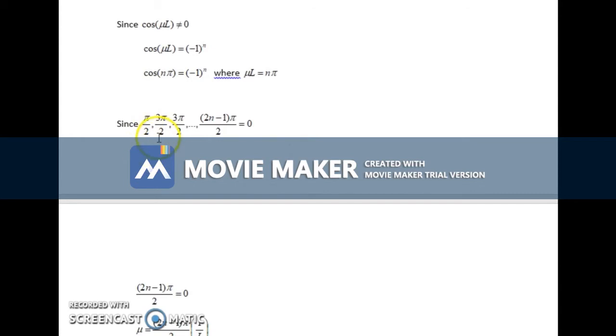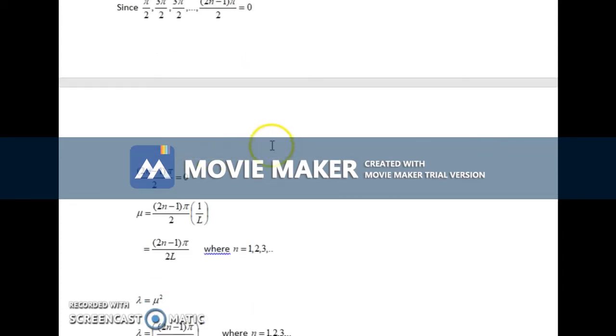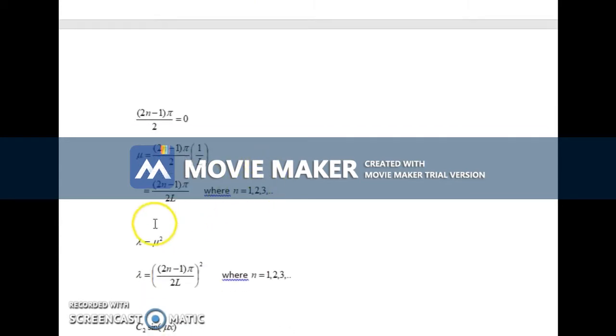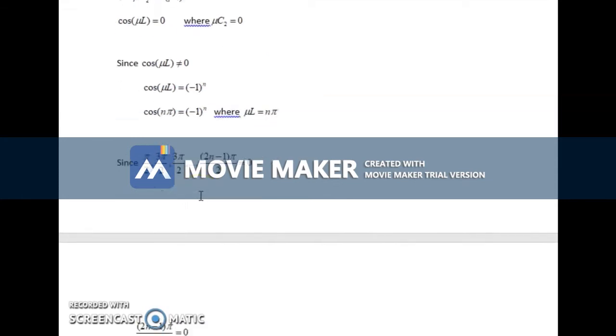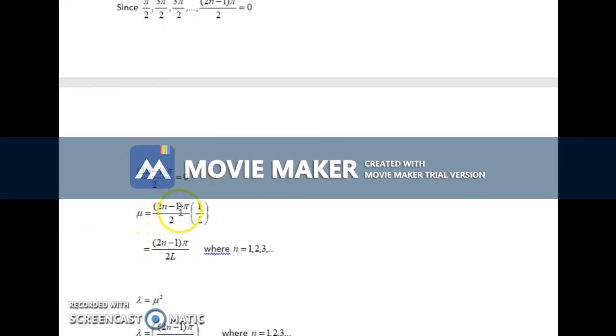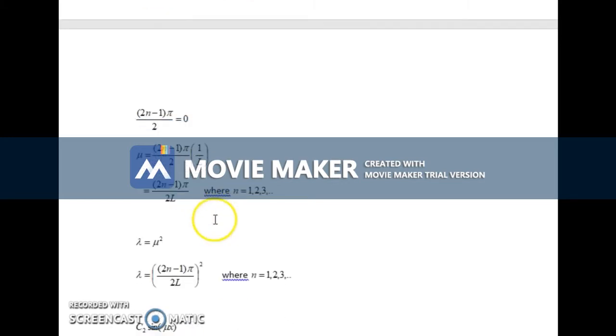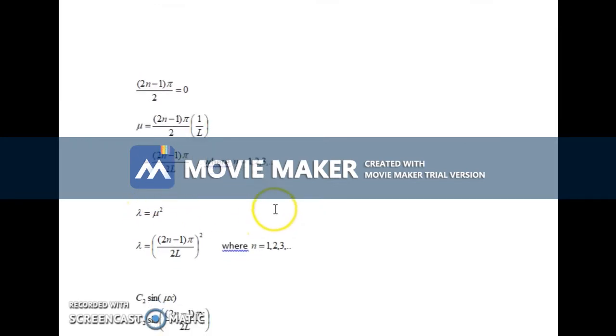Since pi over 2, 3 pi over 2, and so on until (2n minus 1) pi over 2 makes cosine equal to 0, we can conclude that mu L equals (2n minus 1) pi over 2. So mu equals (2n minus 1) pi over 2 multiplied by 1 over L, where n equals 1, 2, 3.